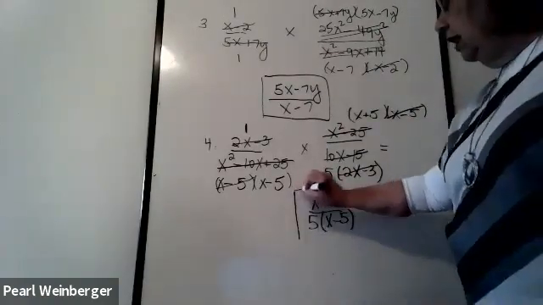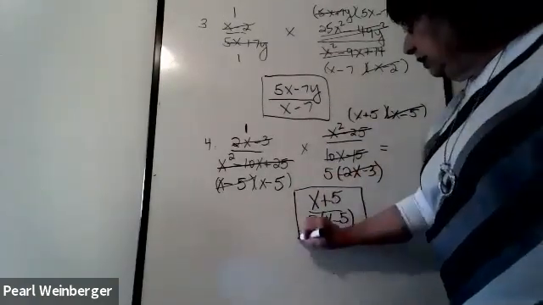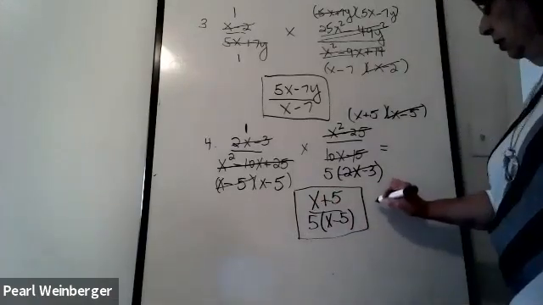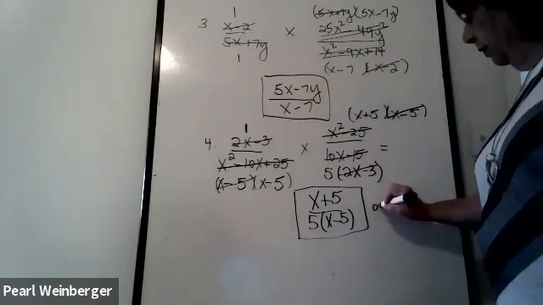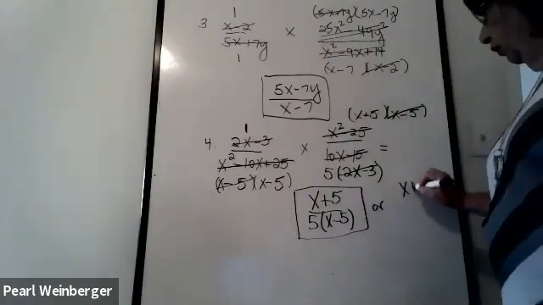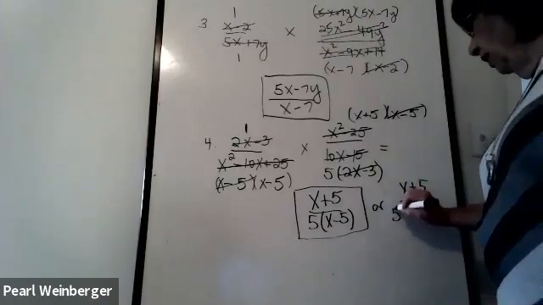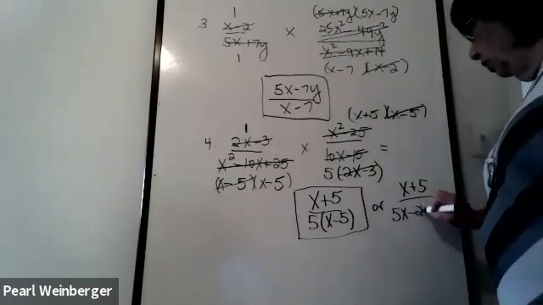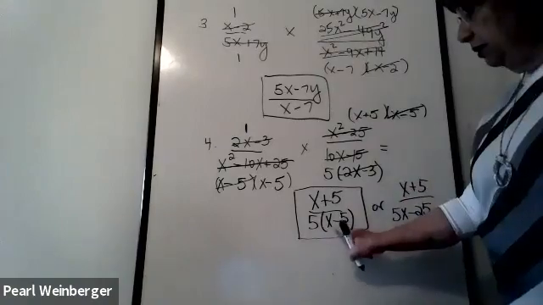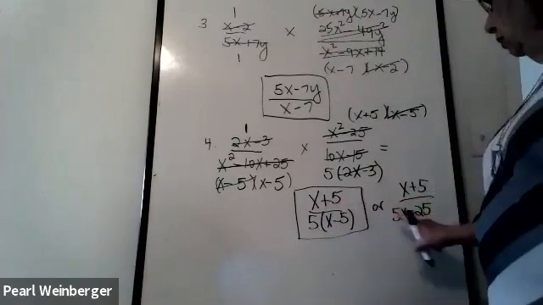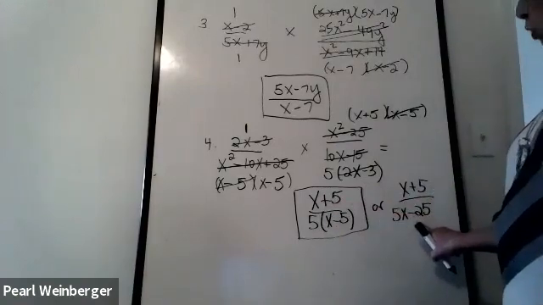Actually, this is the answer I would prefer to see, but you could have also written it x plus 5 over, and the denominator, you could write this as 5x minus 25. In other words, you could remove this parentheses by using the distributive property. I prefer this answer, but this answer is also totally correct.